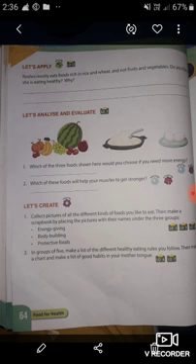So here you have to write no, she is not eating healthy. Now the question arises, why? Because to stay healthy we have to eat different kinds of food in the right amount.